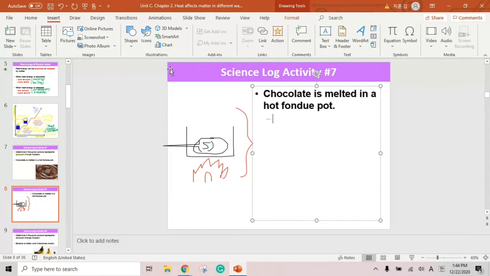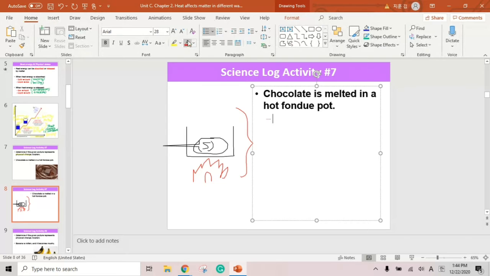So first thing first, ladies and gentlemen, let's go with our step-by-step heat path. First thing first, we have the heat source. Heat source is basically fire under the fondue pot.